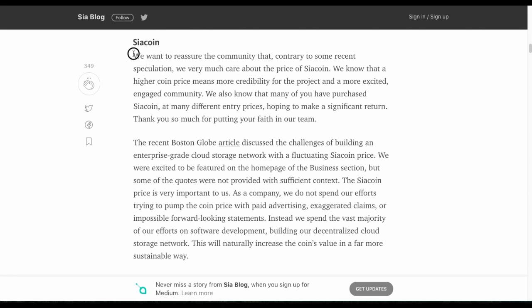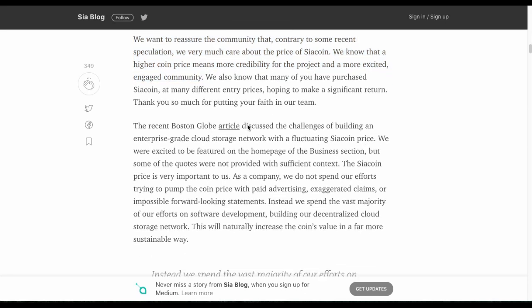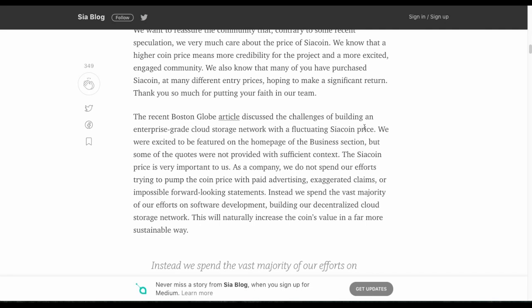What they said was, we want to reassure the community that, contrary to some recent speculation, we very much care about the price of Siacoin. We know that a higher coin price means more credibility for the project and a more excited, engaged community. That is correct.